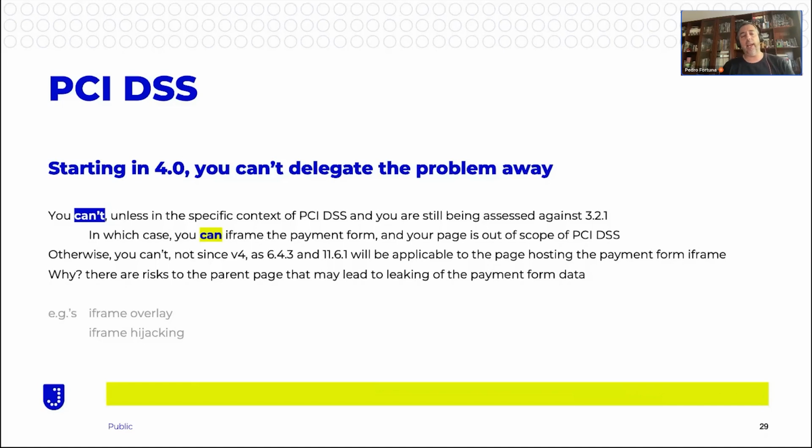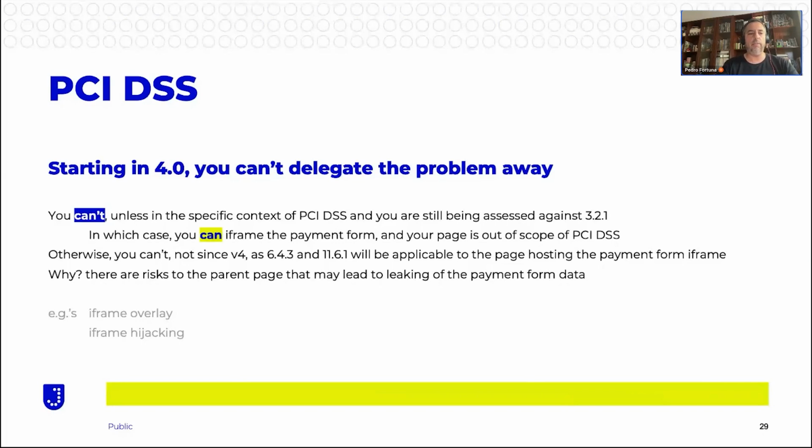And the reason for that is that we are now fully aware of a number of attacks that can affect the parent page and result in the leakage of the payment data, even though that payment data is being entered inside the cross-origin iframe from the payment service provider.